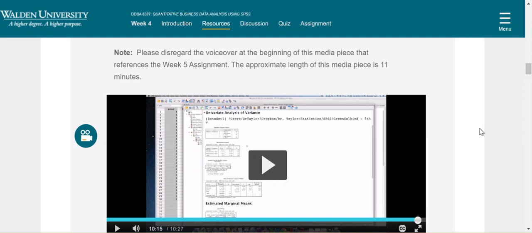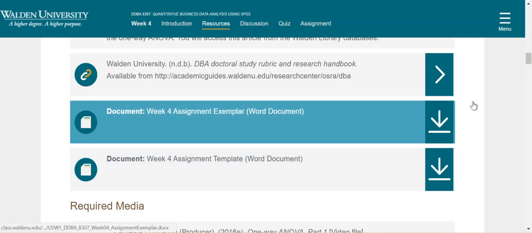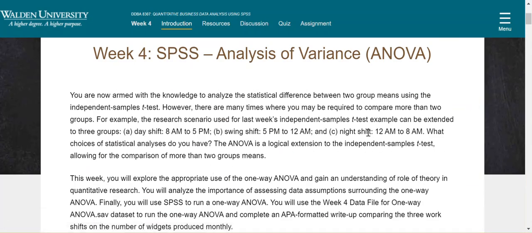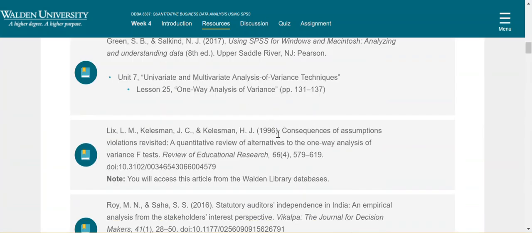Those are run after your one-way ANOVA, because the true power is in the post hoc test, where you can determine which work shifts, whether the swing shift, the night shift, or the day shift, is where the significant differences lie, if there are significant differences.